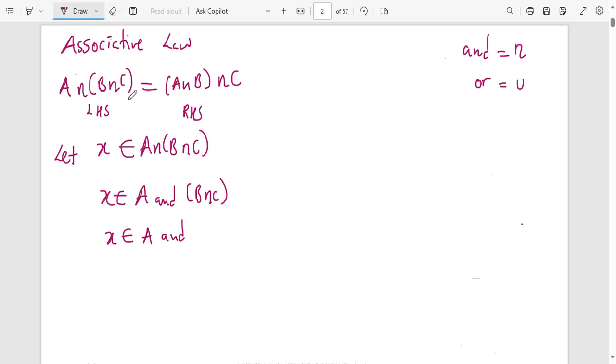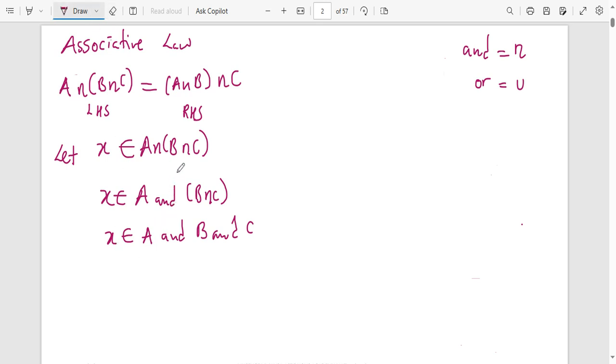So I'll also say B and C. What have I done? I've just put where there is intersection here, the word and. Please, if it's confusing at any point, be able to state, right?